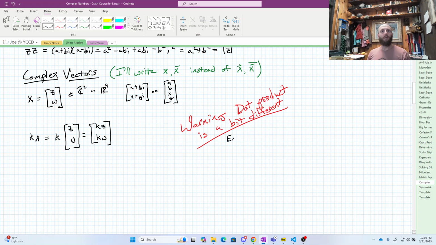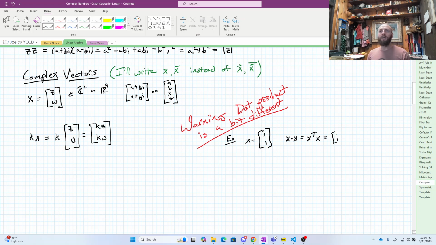For this, I'm going to play with an example for a second. If x is the vector i and 1, then it seems to me that I ought to be able to do something like x dotted with x ought to be just x transpose x, right?